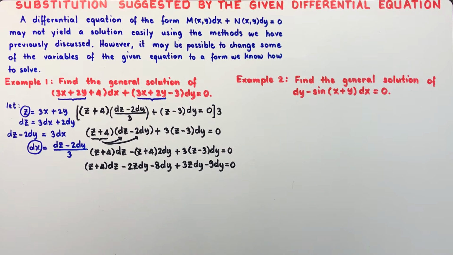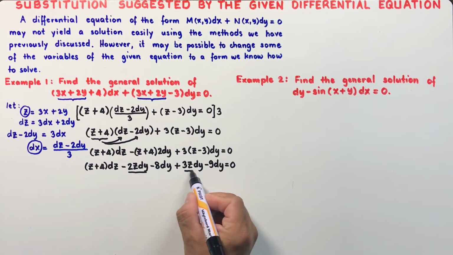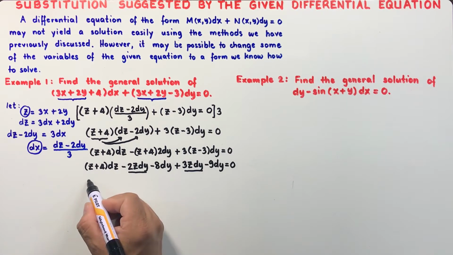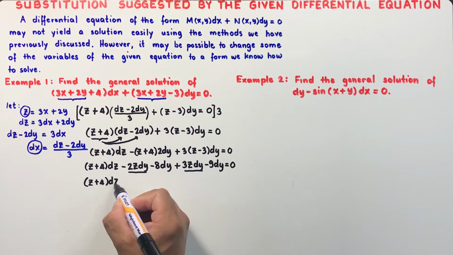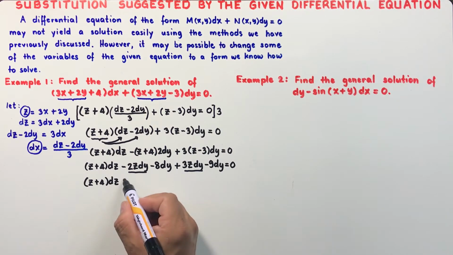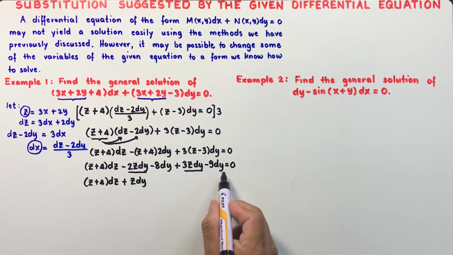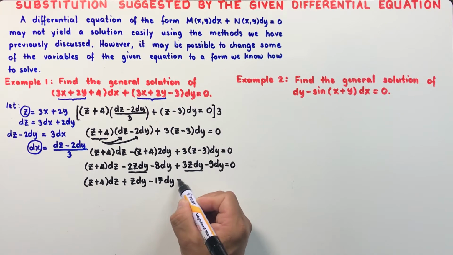Now, let us combine similar terms: minus 2z dy and 3z dy. So we have (z plus 4) dz plus 1z dy minus 17 dy.